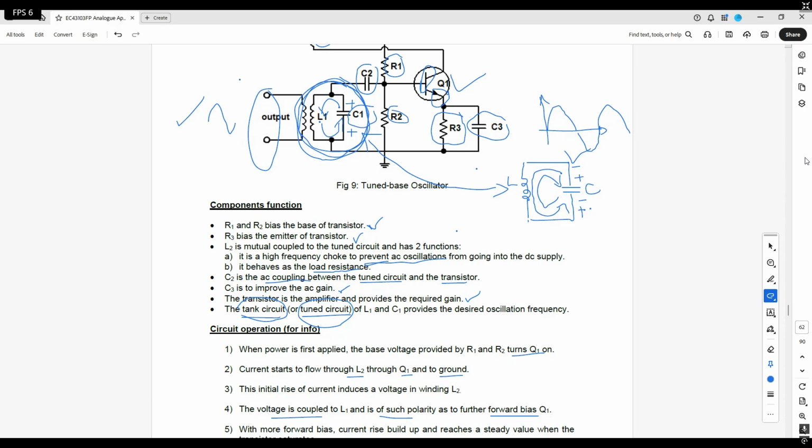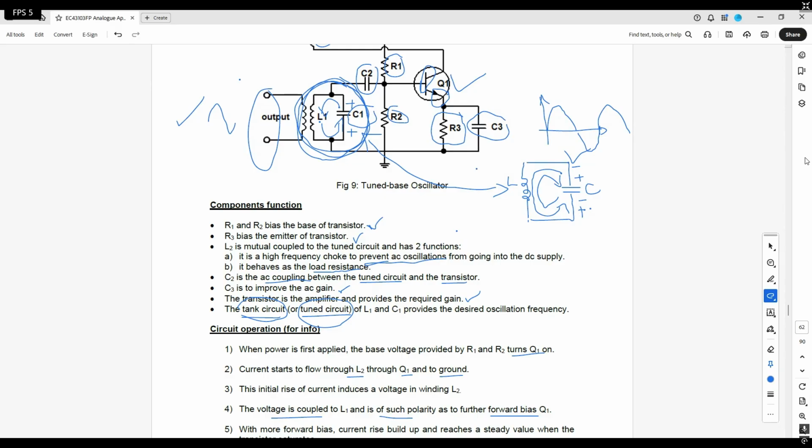I pause for a short while just in case anyone wants to clarify anything. Any question up to here for the operation of the LC oscillator or tank circuit?